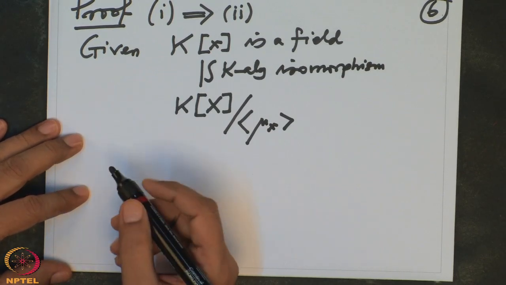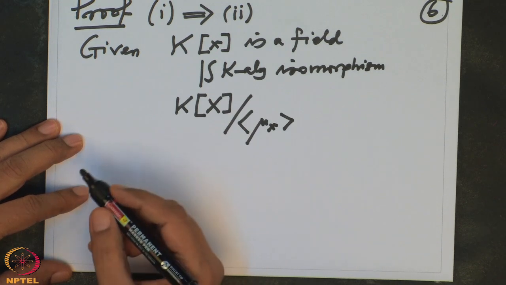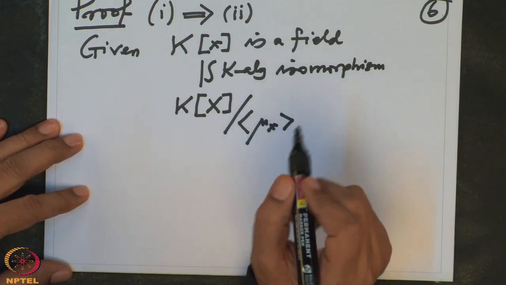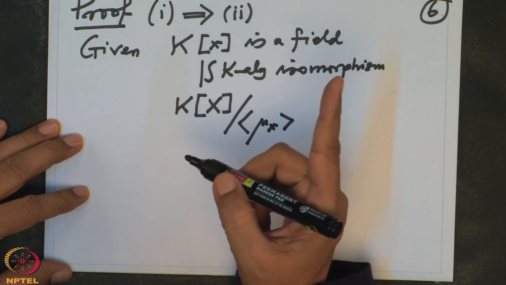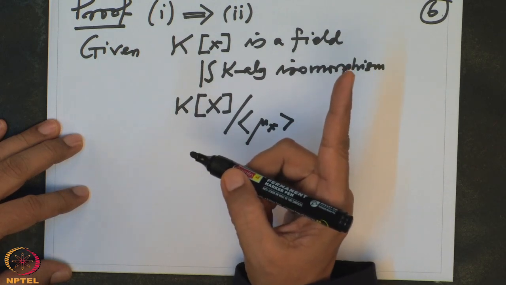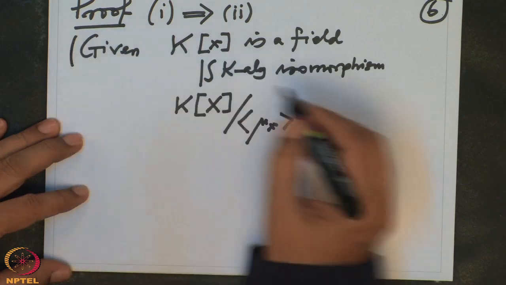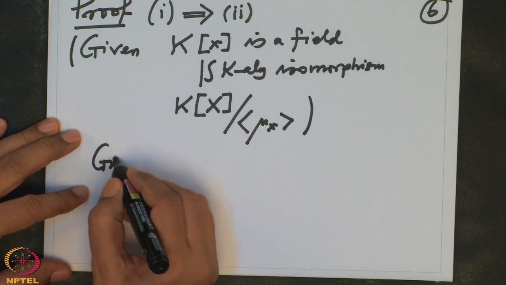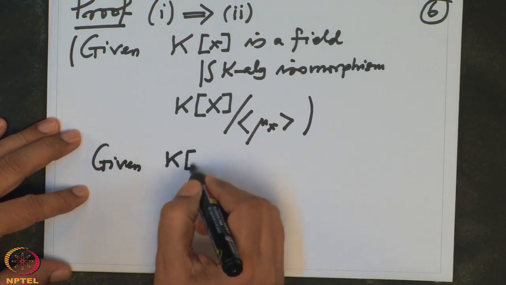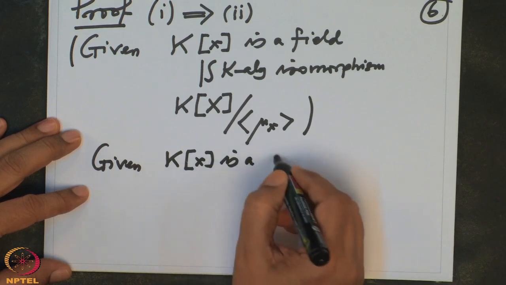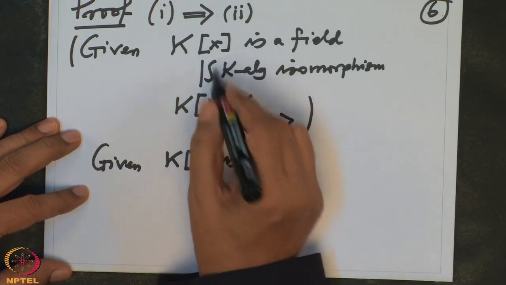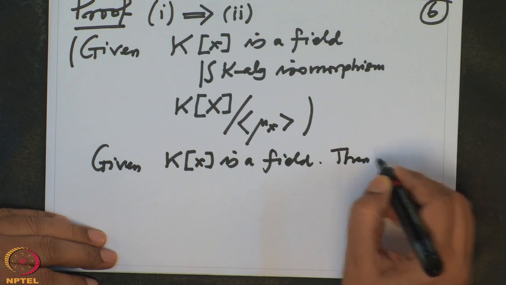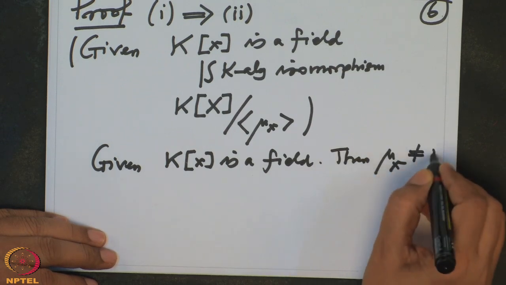All right. So, this we know. Okay, so the first thing I want to note is that we have given this subalgebra is a field. So, this is just for recalling. What do you want to prove? We have given K[x] is a field. Then from this isomorphism, you conclude mu_x has to be non-zero.